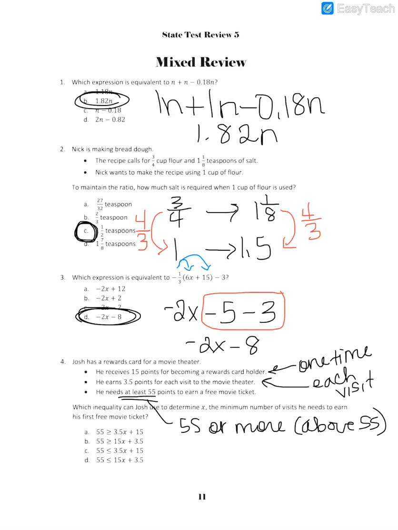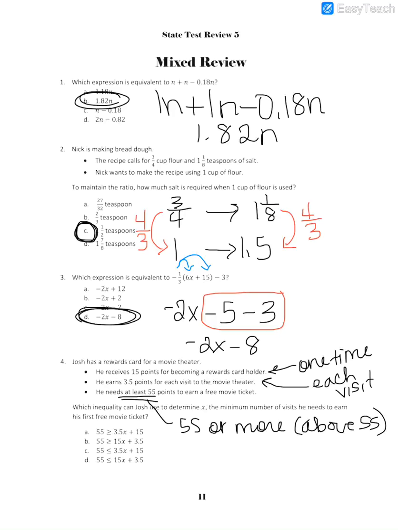So I know that my 15 should really be alone because Josh only gets those 15 points once. And then the 3.5, that's where I want my x because it happens each visit. All right, so let's look at our choices. Which choices have the 15 once and the 3.5 with the x?